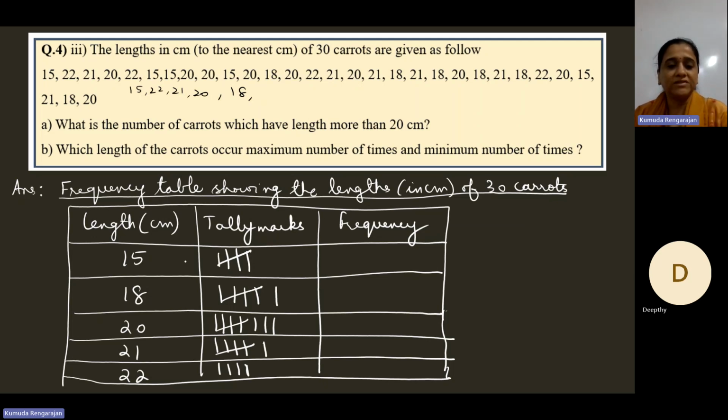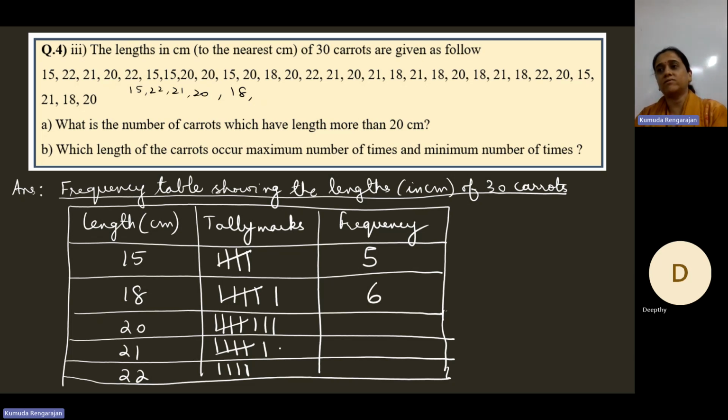So 15 centimeters length, how many carats? 5 carats have length 15 centimeters. 6 carats have length 18 centimeters. Then 5 plus 5 is 10, 11, 5, 10, 15, 20, 24, 25, 26, 29.